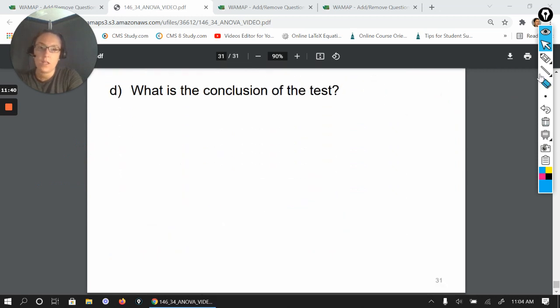What is the conclusion of the test? So because the p-value is less than 0.05, we would reject the null hypothesis in favor of the alternative hypothesis.